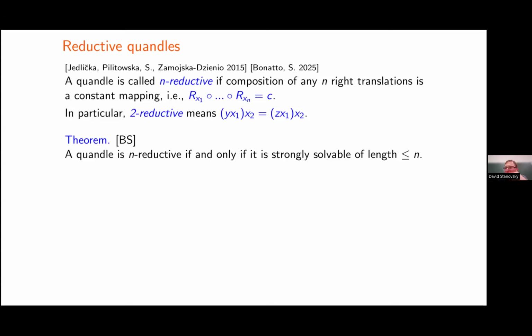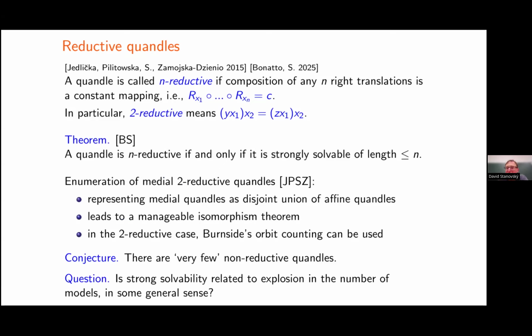And here comes a theorem that we were able to prove with Marco Bonato. A quandle is n-reductive, that is, has this composition property on right translations, if and only if it is strongly solvable of length at most n, where strong solvability is the concept from commutator theory. How to use that?